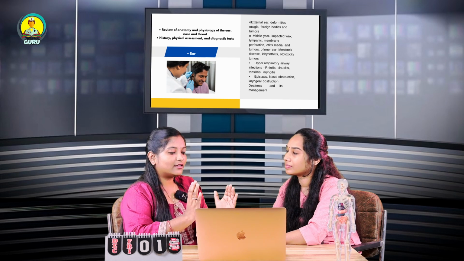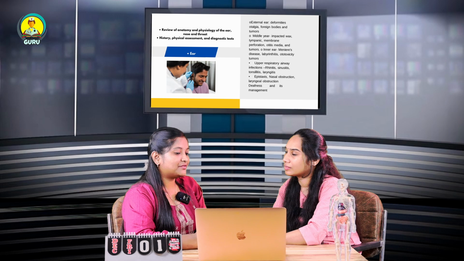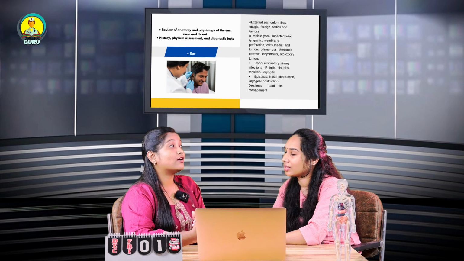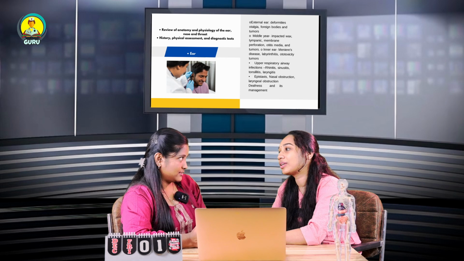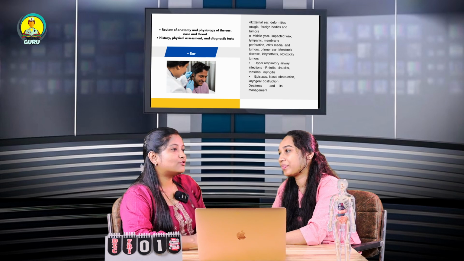Here we can mention that for tonsillitis we have a surgical procedure, tonsillectomy, which means removal of tonsils. For that we need to add preoperative and postoperative care. That is very important.